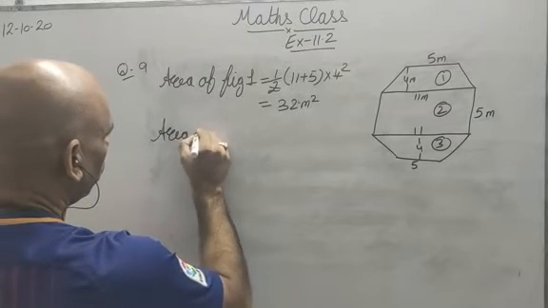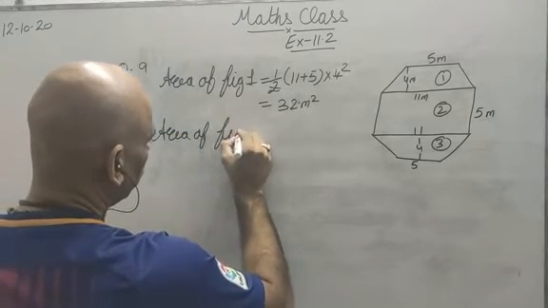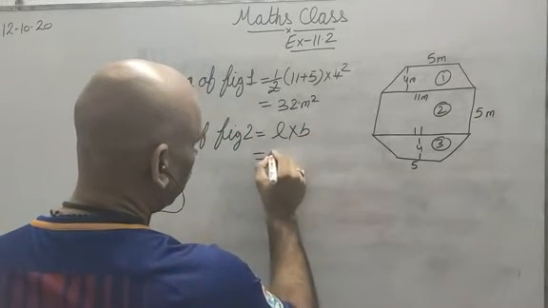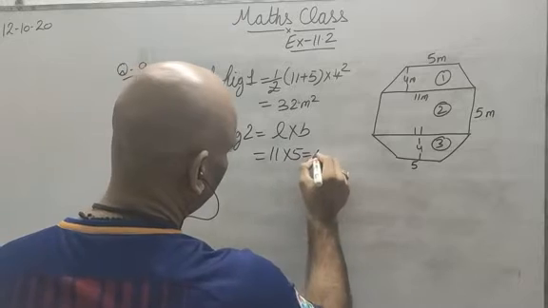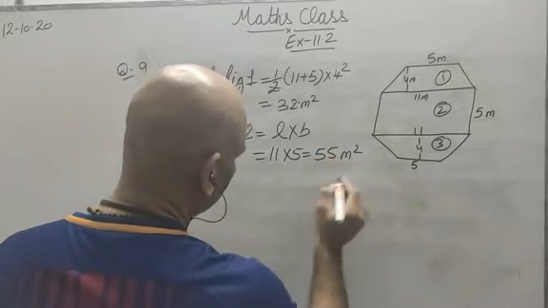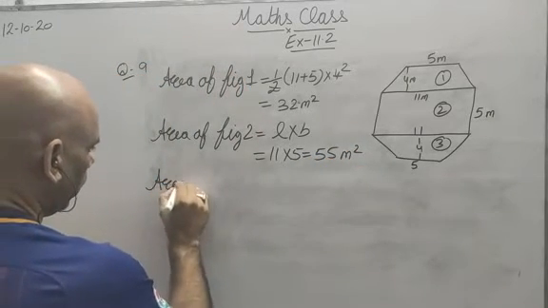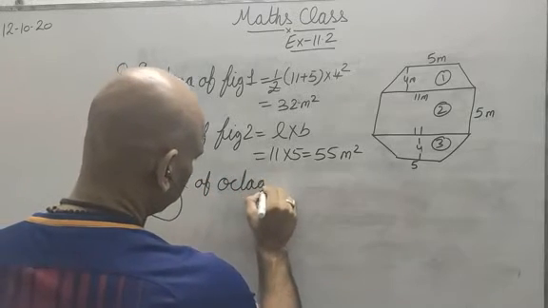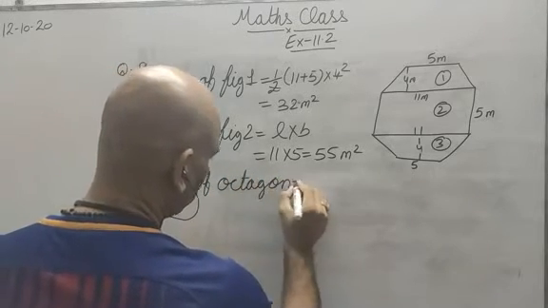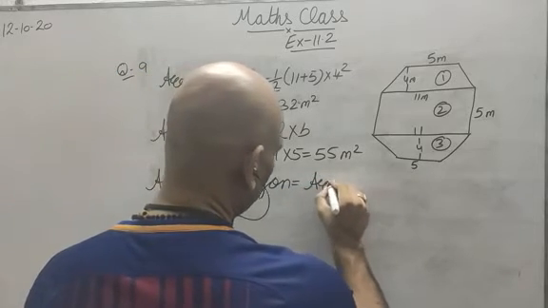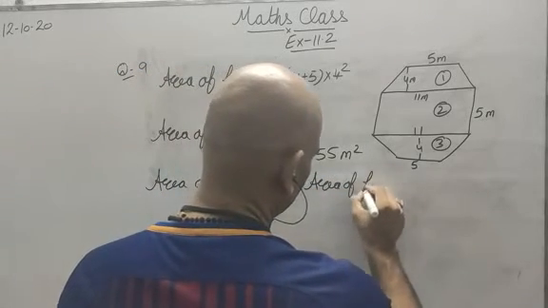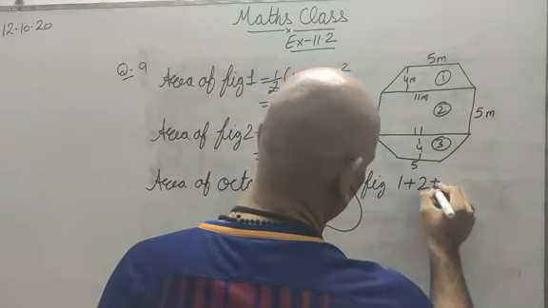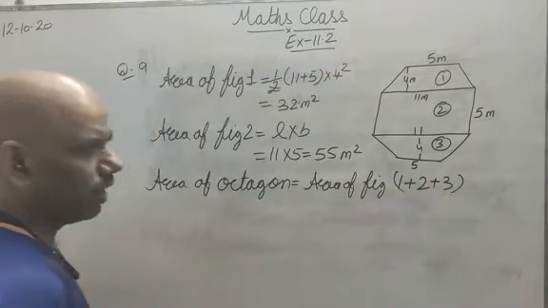Area of figure 2. Length into breadth, it is a rectangle. 11 into 5, that is 55 meter square. Now area of octagon is equal to area of figure 1 plus 2 plus 3.